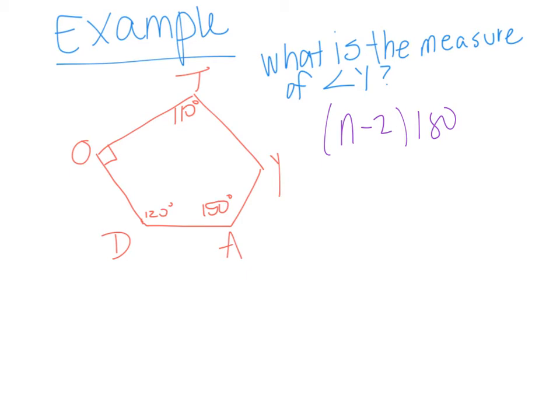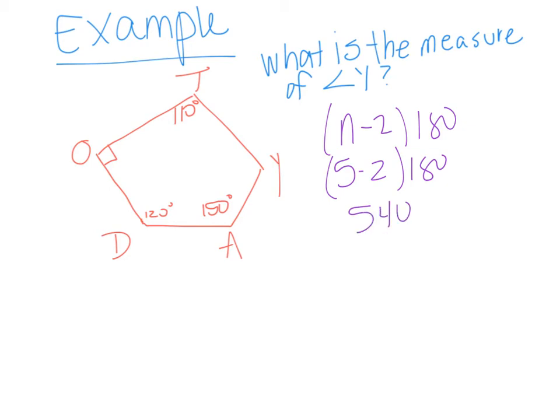So angle T is 110, angle O is 90, angle D is 120, angle A is 150. There are 5 sides, so this is going to be 5 minus 2 times 180, which is 3 times 180. And 3 times 180 is 540.